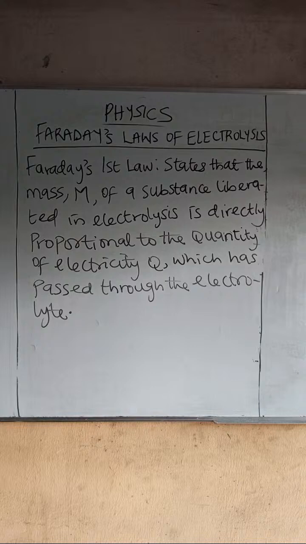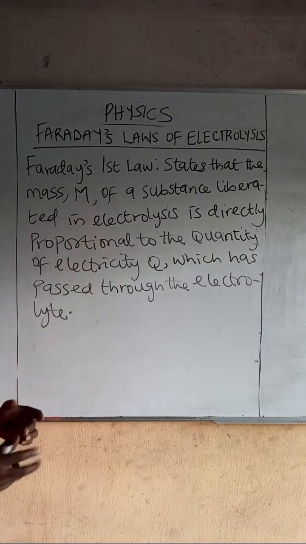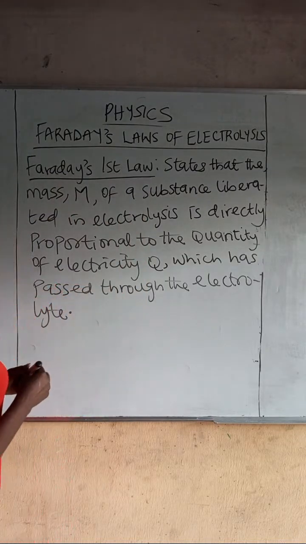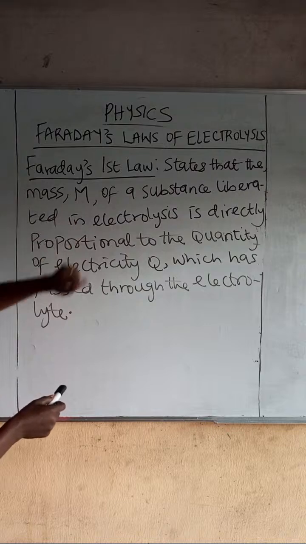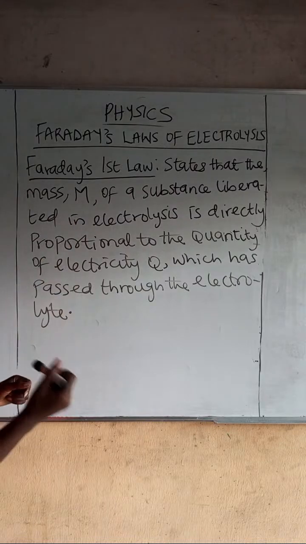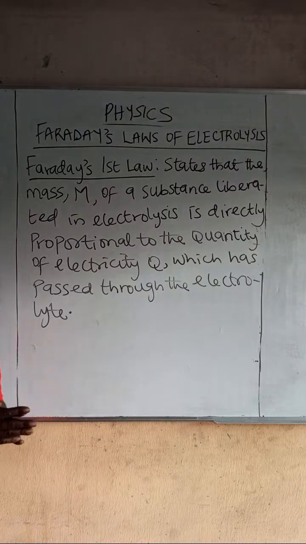Okay, let me explain. We have Faraday's laws of electrolysis, and I'm going to explain the first law today. Faraday's first law states that the mass M of a substance liberated in electrolysis is directly proportional to the quantity of electricity Q which has passed through the electrolyte.